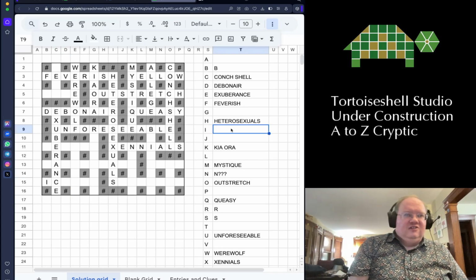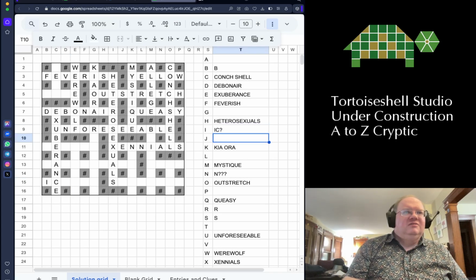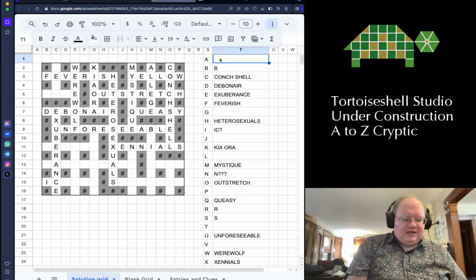So anyway, this is IC blank. So that is all of the vowels now, because we have a ledge up here.